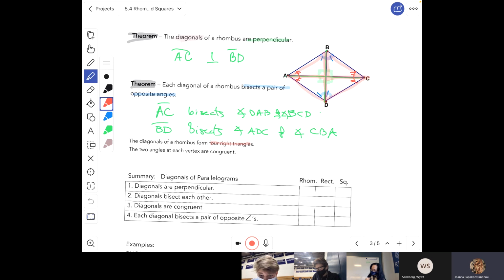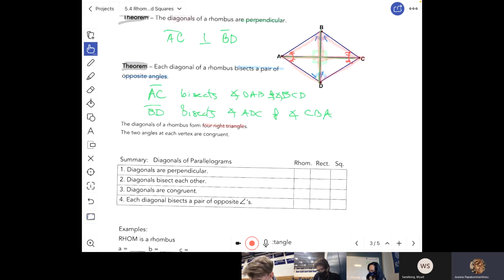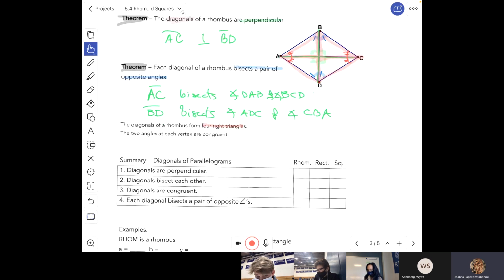So this is kind of what I was talking about with the little chart. So if I look at diagonals of parallelograms, I'm going to check off which of these properties pertains to each of these: rhombus, rectangle, and square. And remember, the square has the properties of the rhombus and the rectangle.